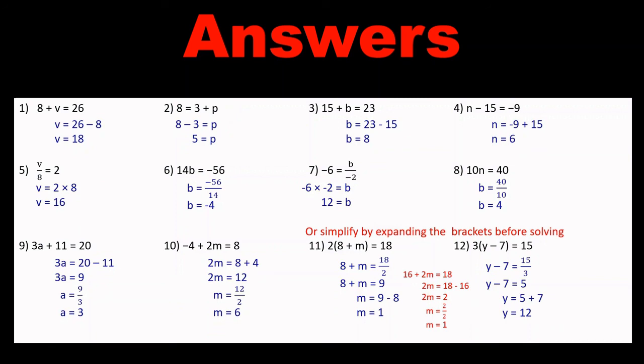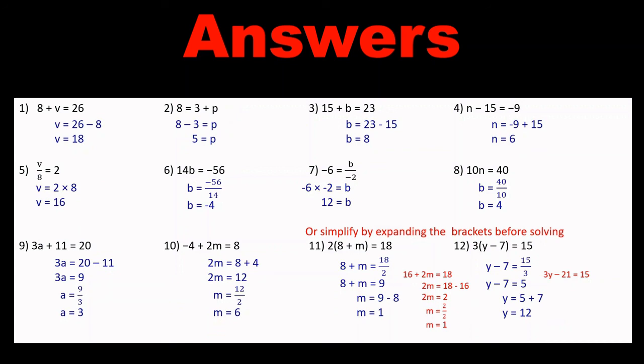Let's do the same alternate method for question 12 now. First, let's expand that bracket out. 3 times y is 3y, and 3 times negative 7 is negative 21. So 3y minus 21 equals 15. To get the y on its own, think what's happening to the y. It's being multiplied by 3, and then 21 is taken away from it.